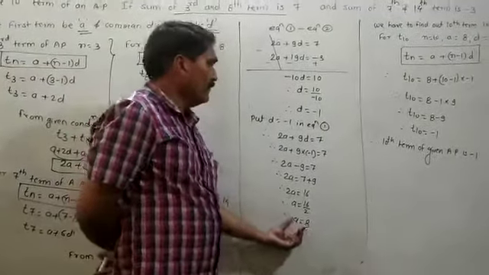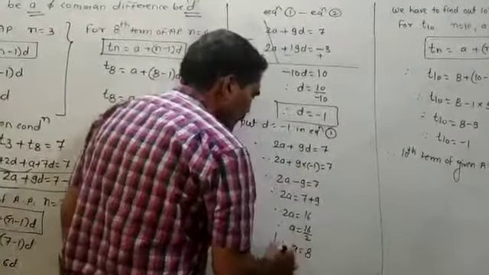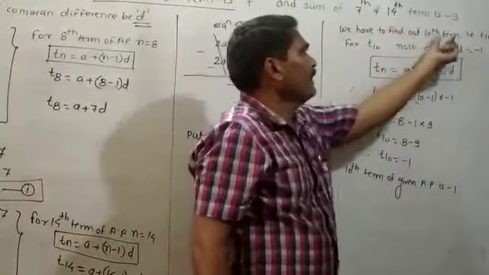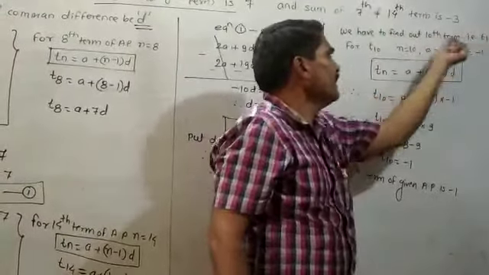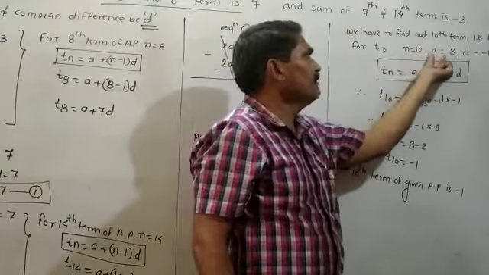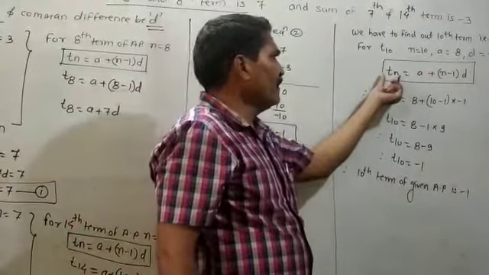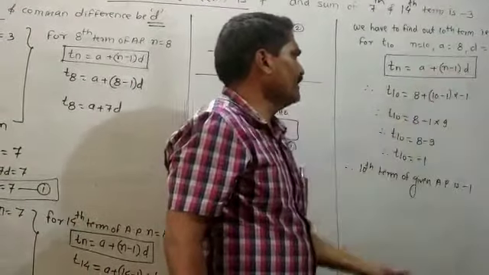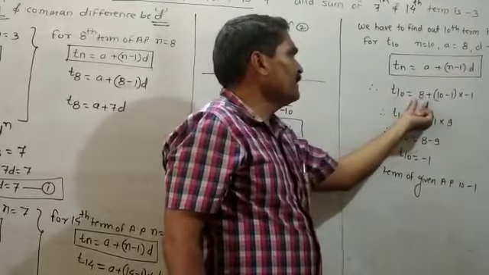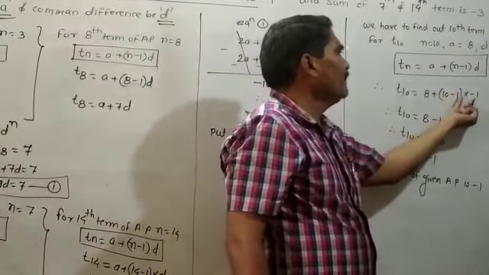Once we get the value of D as minus 1 and the value of A as 8, then we have to find out the 10th term of the AP, that is T10. For T10, n is equal to 10, A is equal to 8 and D is equal to minus 1. You have to utilize the formula Tn is equal to A plus n minus 1 into D. T10 is equal to 8 plus 10 minus 1 into minus 1.